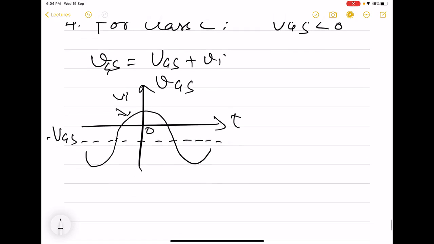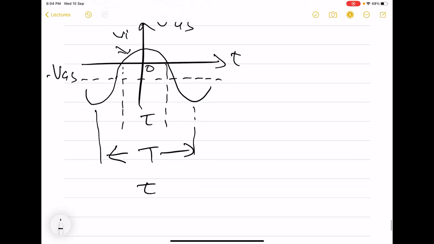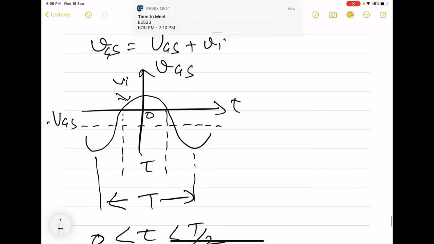So here we find that this is non-zero for duration tau, which is smaller than the half of the cycle. This is complete, and this tau is going to be less than T by 2 but greater than 0. That implies theta is now going to be greater than 0 but less than pi.